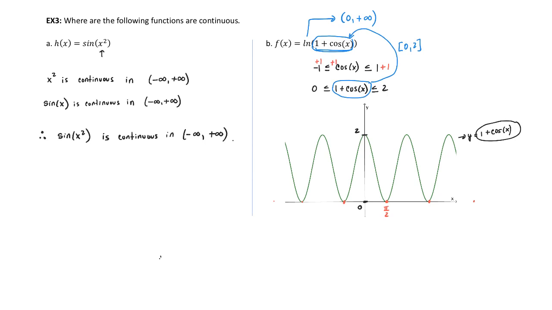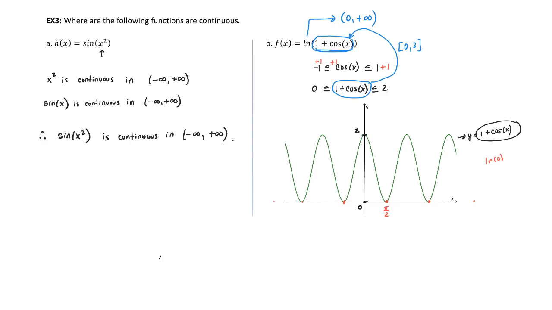Because, for example, if we choose pi over 2, 1 plus cosine of pi over 2 is going to be 0. You can see it right here on the x-axis. And then when you take the ln of 0, ln is going to be unhappy with that. It is going to be undefined.